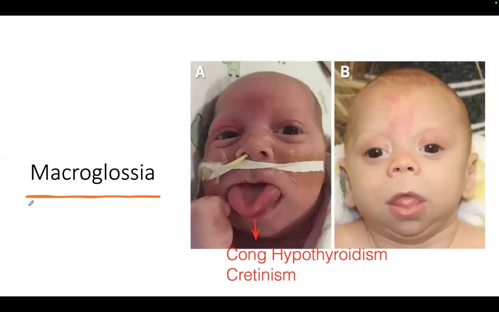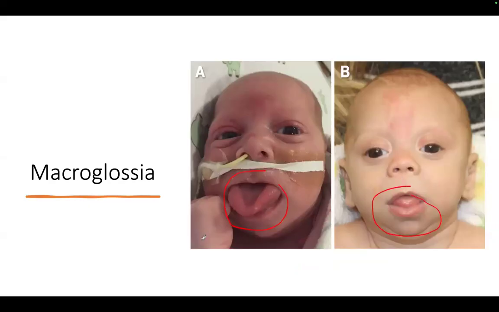Now here, this is the macroglossia. Look at that. What is your differential again? What are the two conditions you should think of if you encounter an infant with a large tongue? Very good. Congenital hypothyroidism, or cretinism.